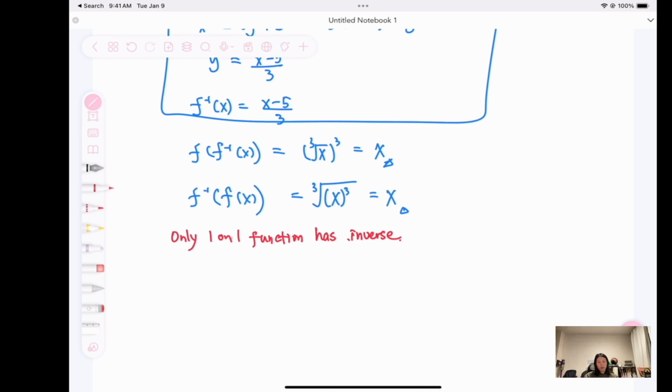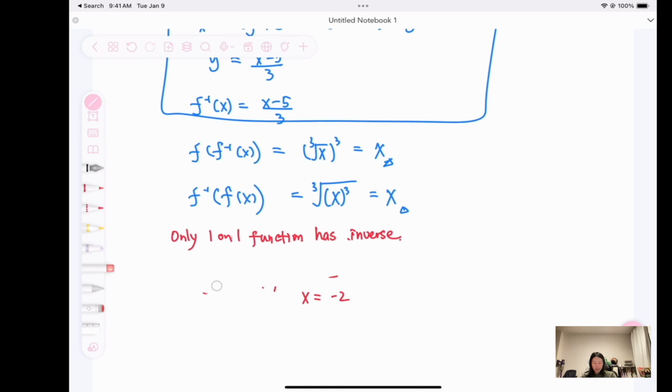So what is a one-to-one function? A one-to-one function is where each input has a corresponding output, and each output corresponds to one input. For example, a quadratic function is not one-to-one because if I tell you that f(x) equals 4, x could equal either 2 or negative 2. So they give you all possible answers.